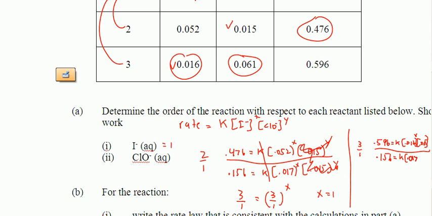Now notice this is 0.017 and this is 0.016. It's pretty much the same thing. They're going to cancel out. Actually, this is to the 1, so we know that, multiplied by 0.156.